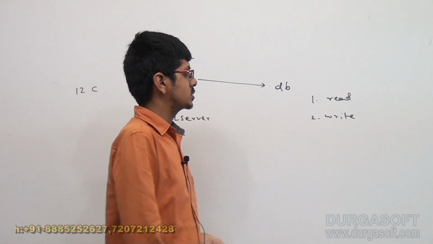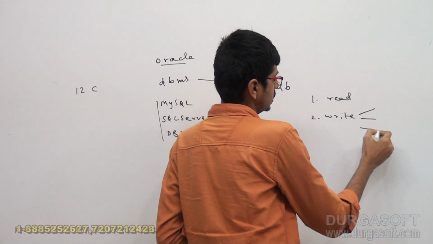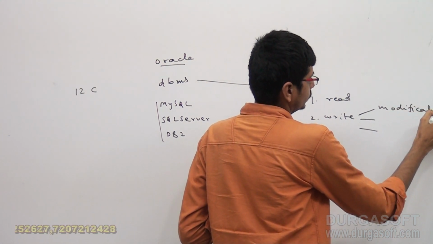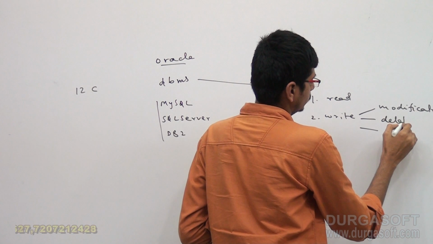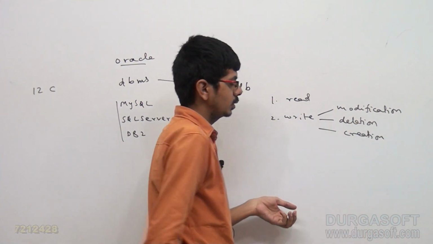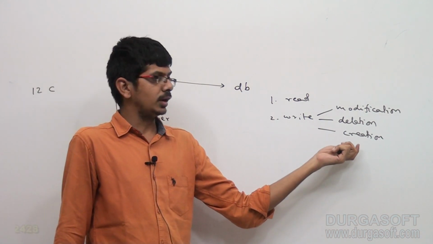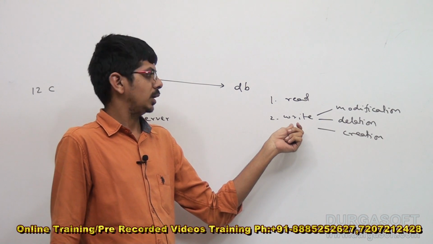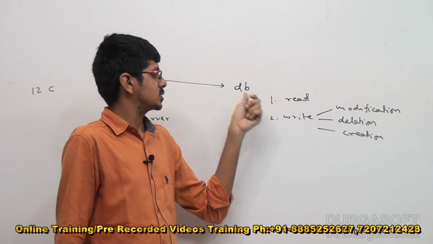So in write operations we can go for three things, that is modification, deletion and creation. Okay, so if you are creating any new data, that is also writing data to a DB, that is database.